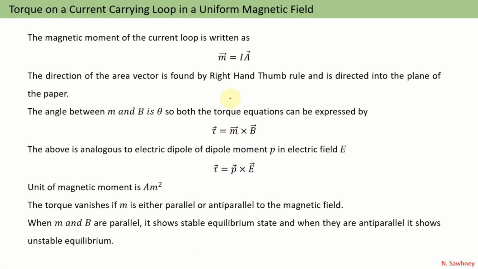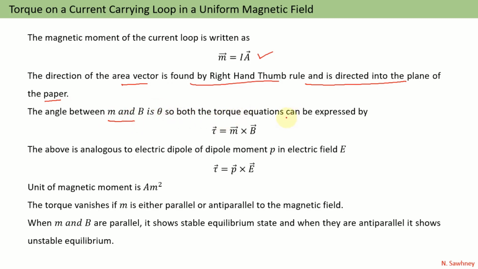The magnetic moment of the current loop is written as I into A. The direction of the area vector is found by the right hand thumb rule and is directed into the plane of the paper. And we see that the angle between M and B, that is the magnetic dipole moment and the magnetic field, is theta.